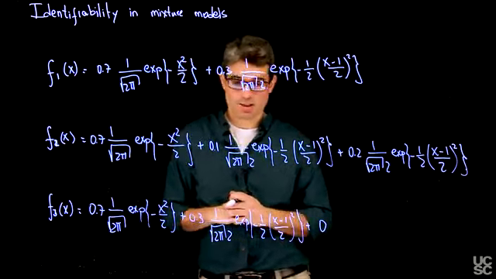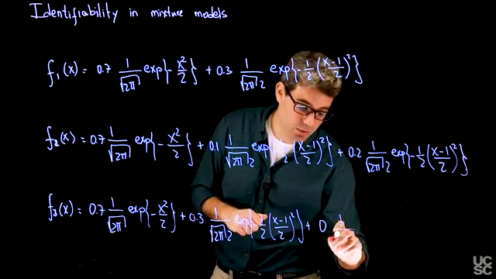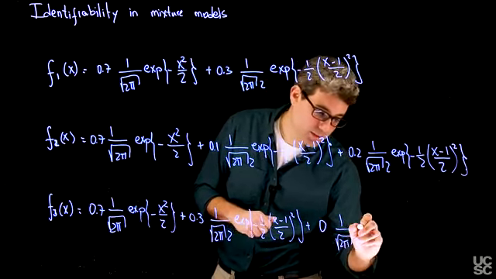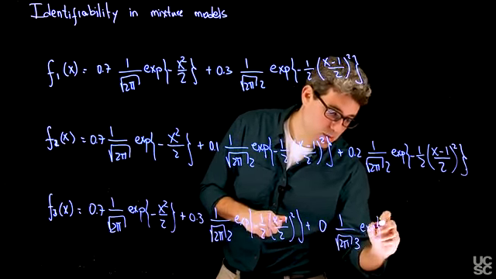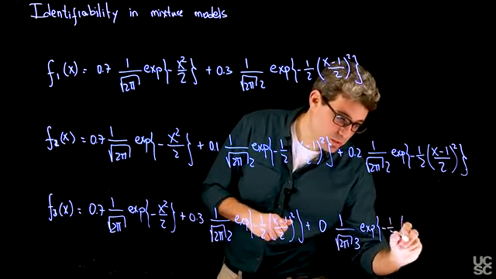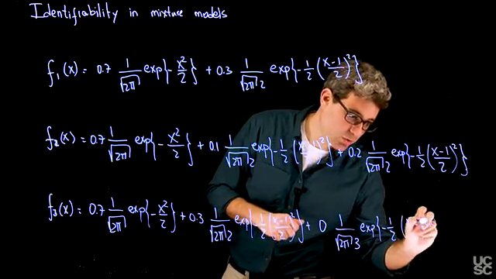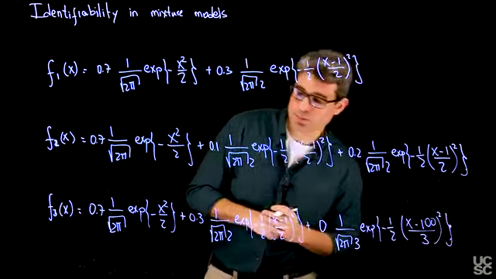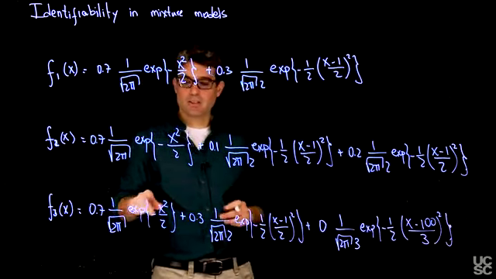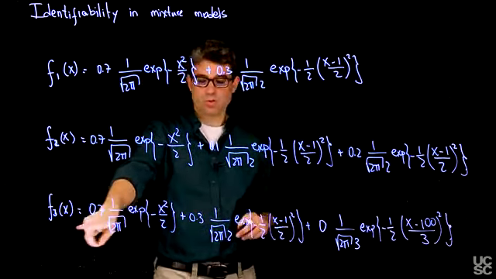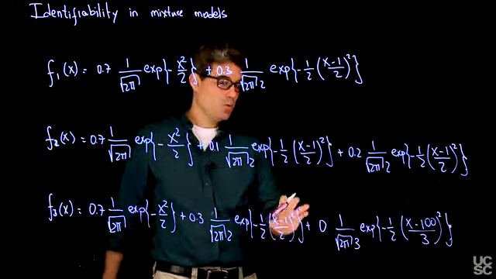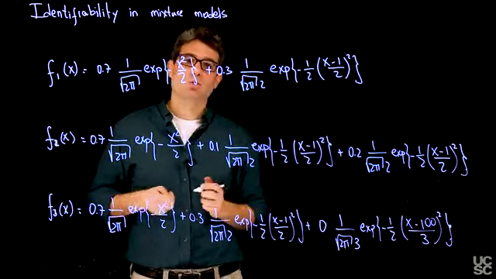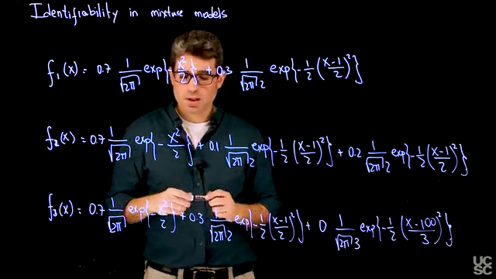So I can add 0 times, for example, 1 over square root 2 pi times 3, e to the minus 1/2 x minus 100 divided by 3, squared. So again, from a representational point of view, this corresponds to a three-component mixture. But because this weight is 0, it's clearly in practice just identical to the first one that we started with.